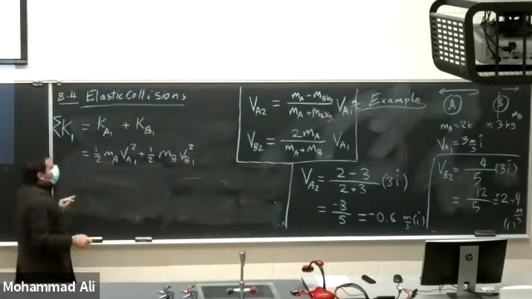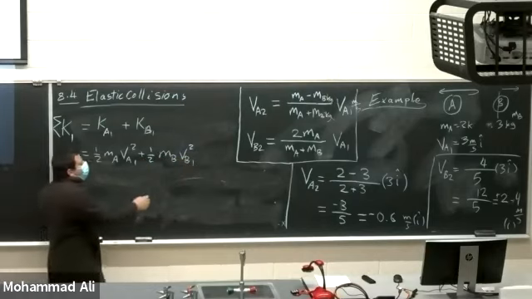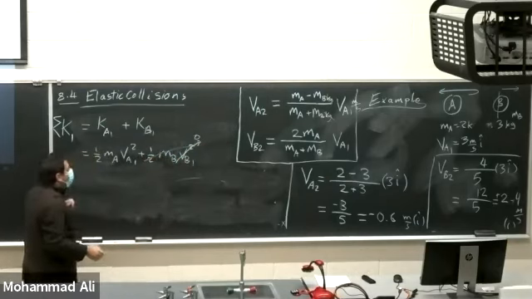This is before the collision. The velocity for B before the collision is 0. So all this term will be 0.